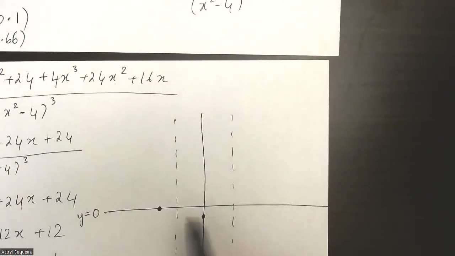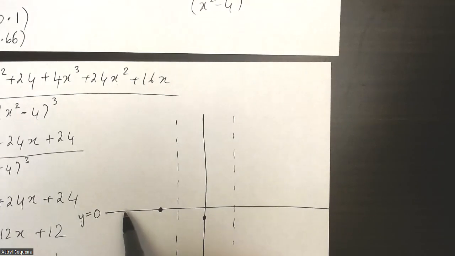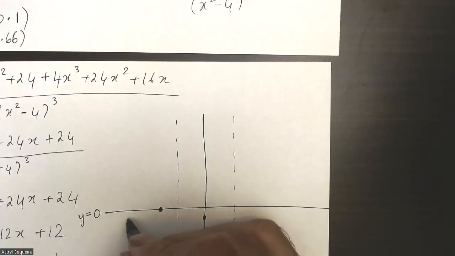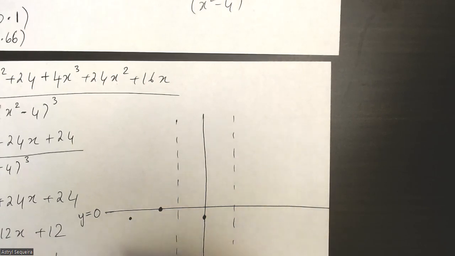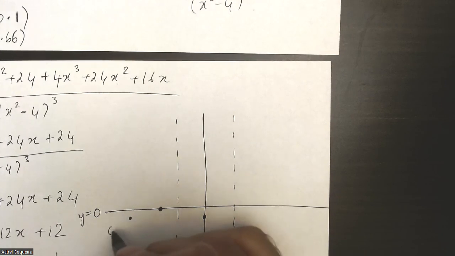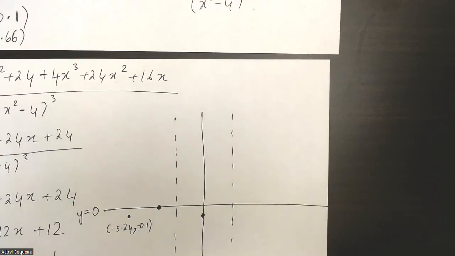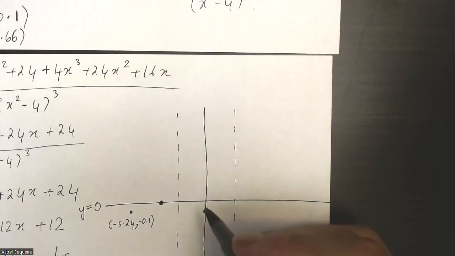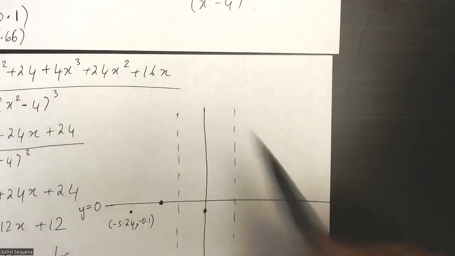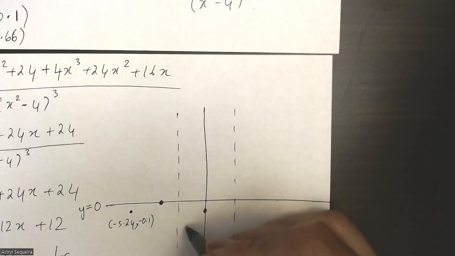Our maximum and minimum. So our minimum is at -5.24 and -0.1. So it's really close to the axis, but I'll make it a bit further just so that it's a bit clearer. This point is -5.24, comma, -0.1. Our maximum is at -0.76 and -0.66.